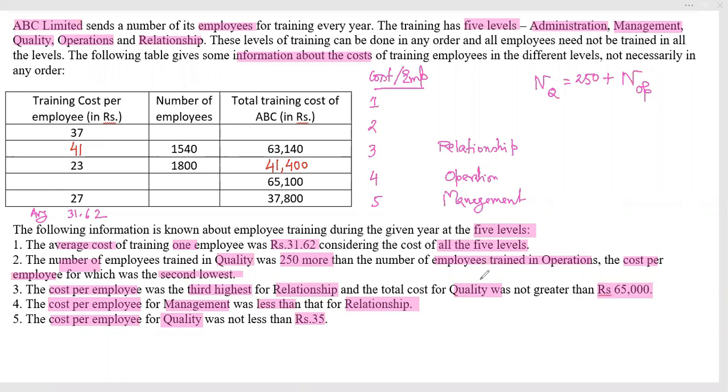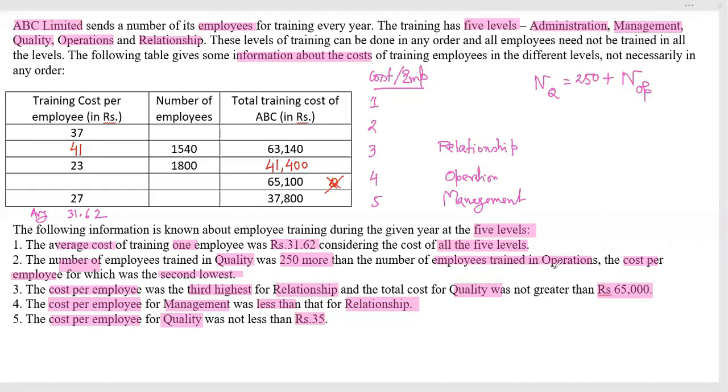It is also mentioned that quality was not greater than 65,000. But 65,001 is present, where it may be quality, but it is not quality because it is more than 65,000.